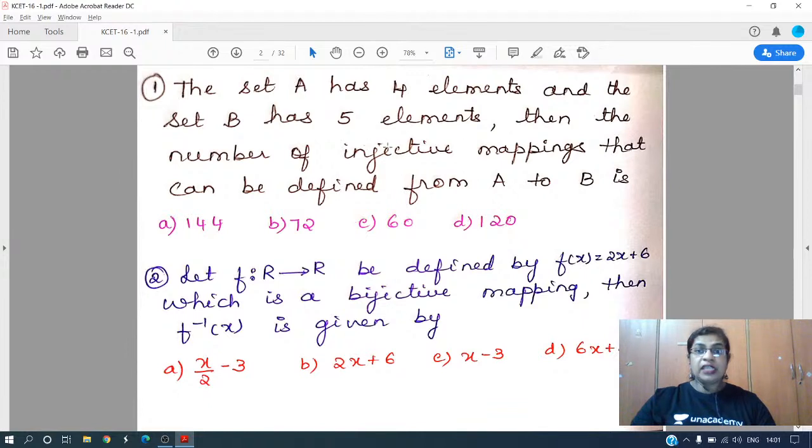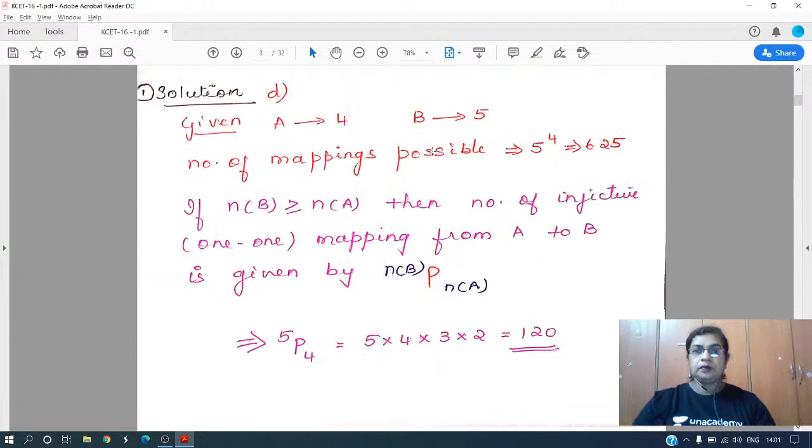Now, injective means one-to-one mapping. So now let us identify what is given in the question. The number of elements in A and in B is given to us.